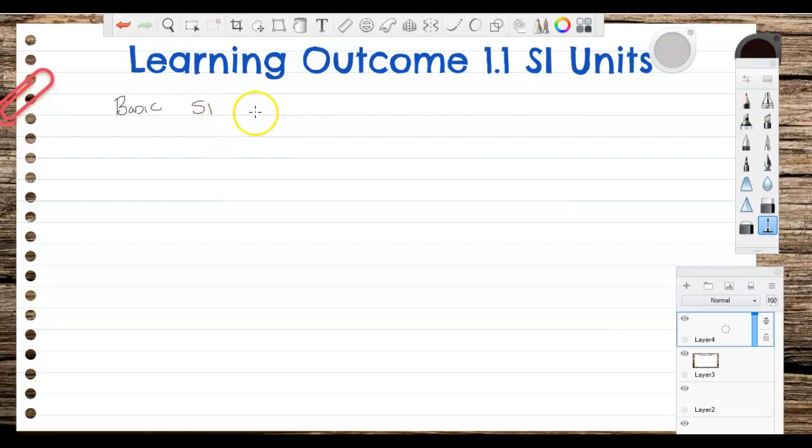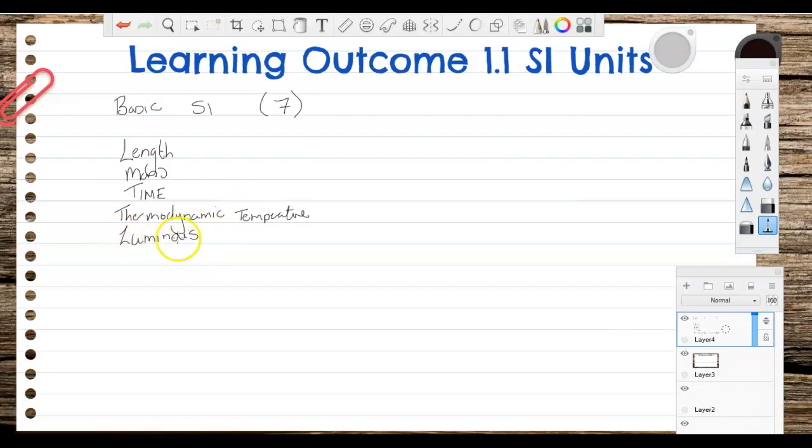SI units, and there are 7 of them in total. These are length, mass, time, thermodynamic temperature, luminous intensity, and amount of substance.